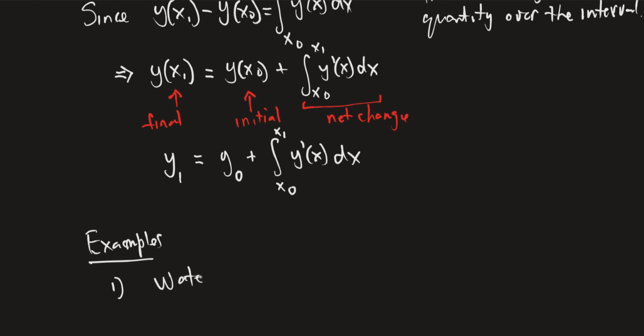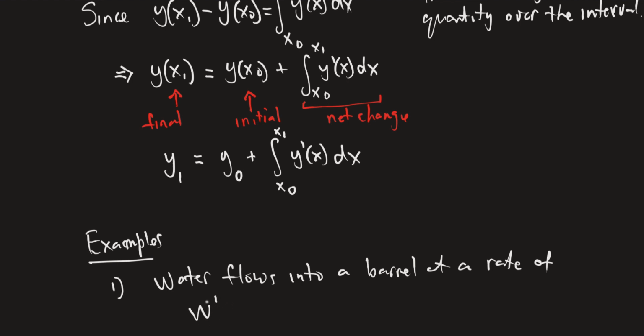Water flows into a barrel at a rate of, let's say this is W for water, and the rate is given, that's the key. So the derivative is given, and let's say it's the square root of t plus 1, at a rate of gallons per minute.